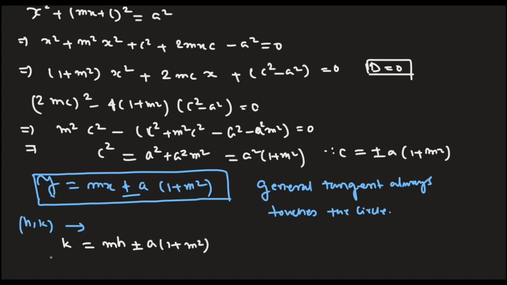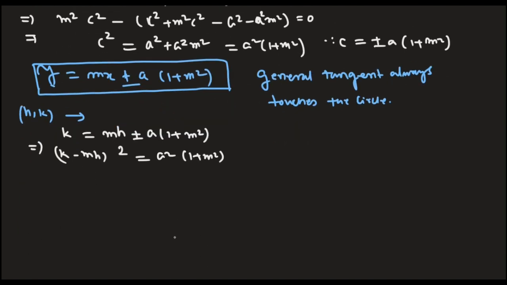Now if I write here k minus mh whole square, which is equal to a square times 1 plus m square, it will become k square plus m square h square minus 2mhk, and here we have a square m square and 1 is the a square. Our target is to make this a quadratic in m.